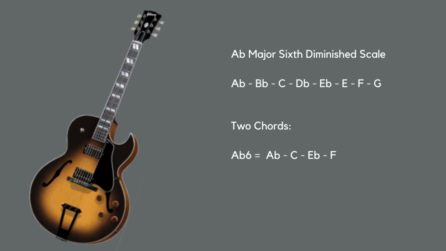So the two chords that are produced from the A-flat major 6th diminished scale are A-flat 6th and a diminished chord built on the major 7th of the scale. So the major 7th of A-flat is G, therefore our diminished chord will be G diminished. So that's our two chords, A-flat 6th and G diminished.